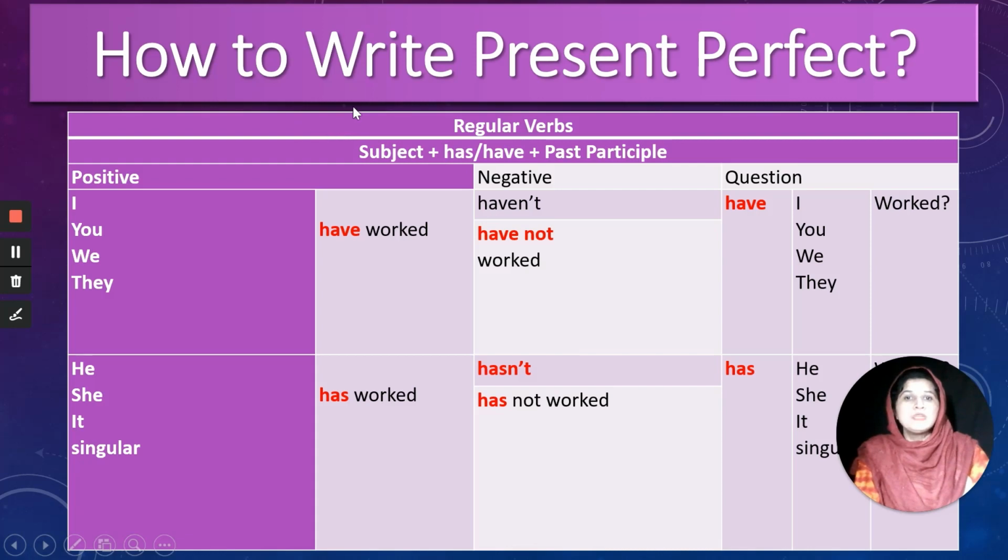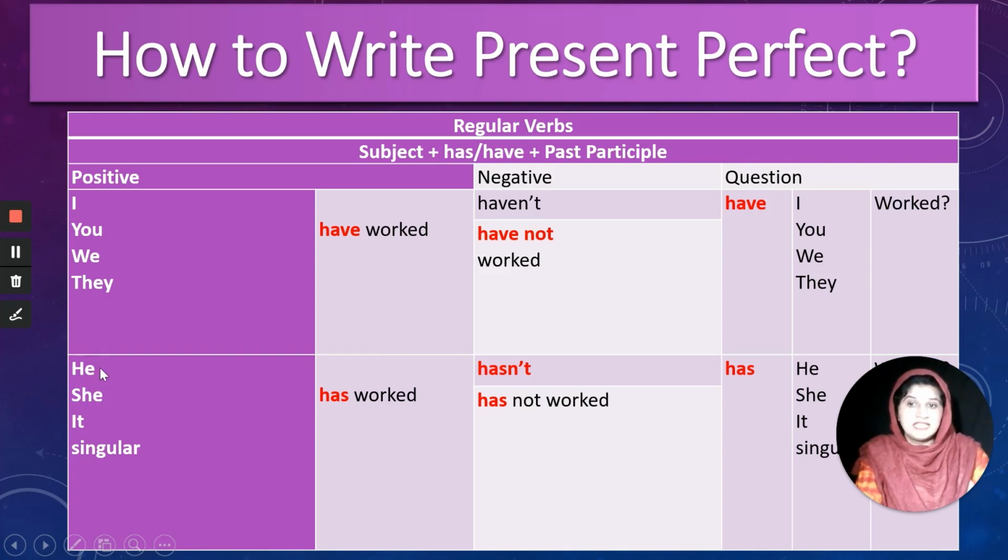Okay. Now we'll see how to write present perfect tense. So first of all, we use subject plus has or have as the helping verb plus the past participle or third form of the verb. So first of all, we'll see how positive sentences are made with present perfect tense. For example, I have worked, you have worked, we have worked, they have worked, or he has worked, she has worked.